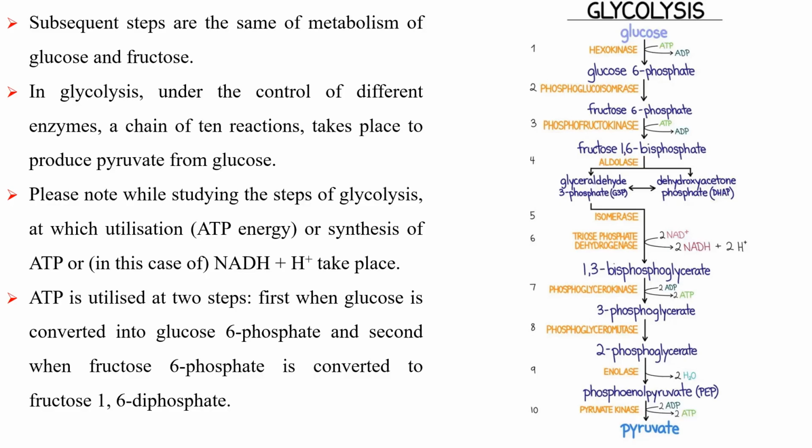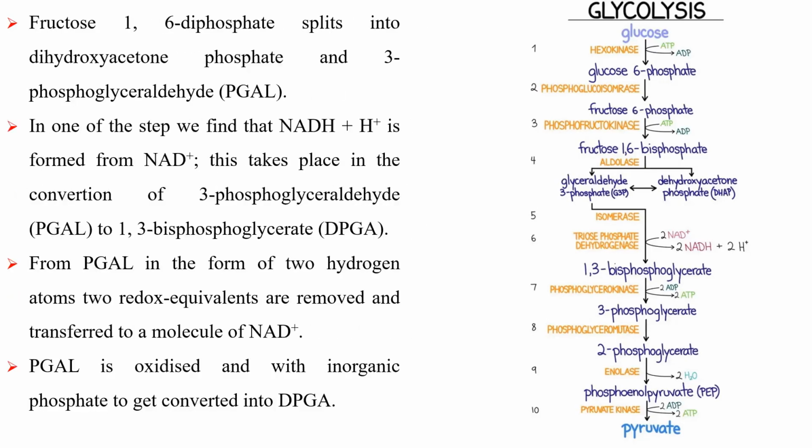First, when glucose is converted to glucose 6-phosphate, and second, when fructose 6-phosphate is converted to fructose 1,6-bisphosphate. Fructose 1,6-bisphosphate splits into dihydroxyacetone phosphate and 3-phosphoglyceraldehyde, or PGAL.